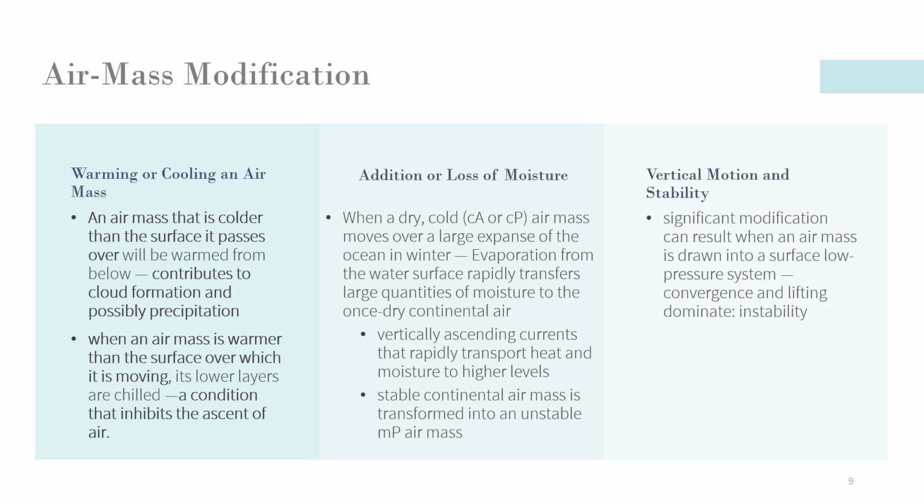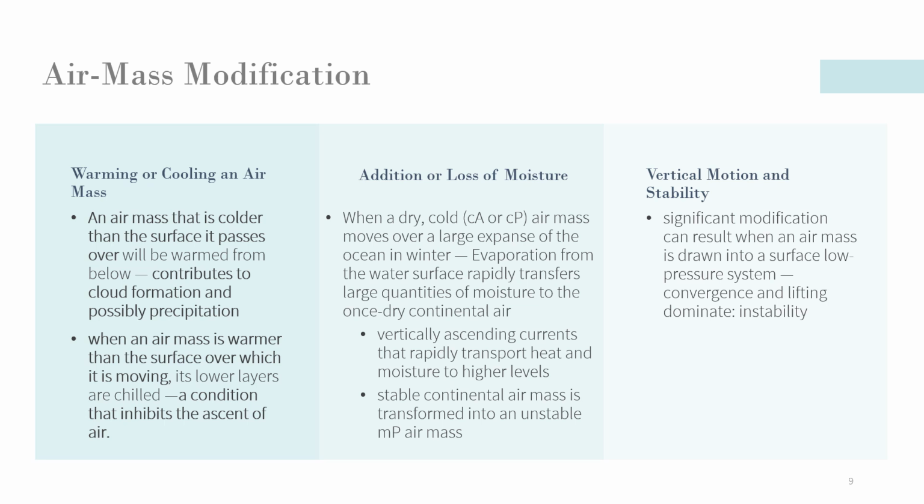A certain example is that a significant modification can result when an air mass is drawn into a surface low pressure system, or cyclone. We know that air can move from higher pressure to low pressure, and because of this, convergence and lifting dominate and trigger instability.